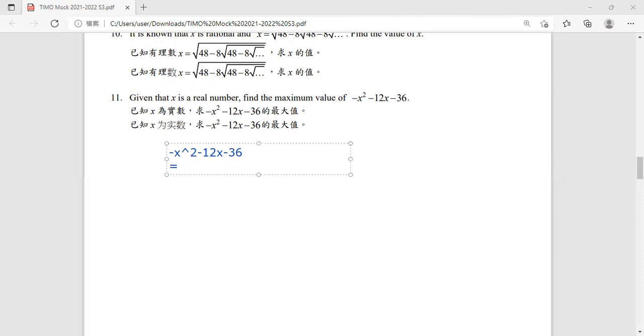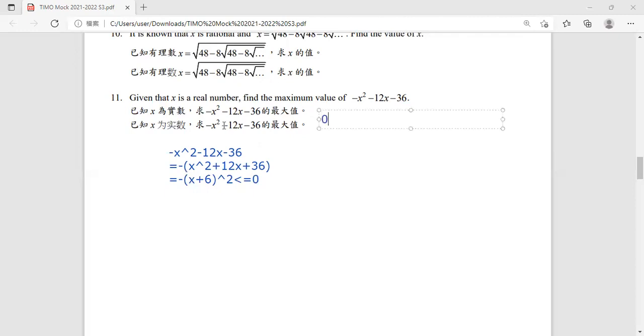Now you take out the negative, then it will be x squared plus 12x plus 36, which is equal to negative x plus 6 squared. Now, a negative square must be smaller than or equal to 0, so the maximum value of this one is 0.